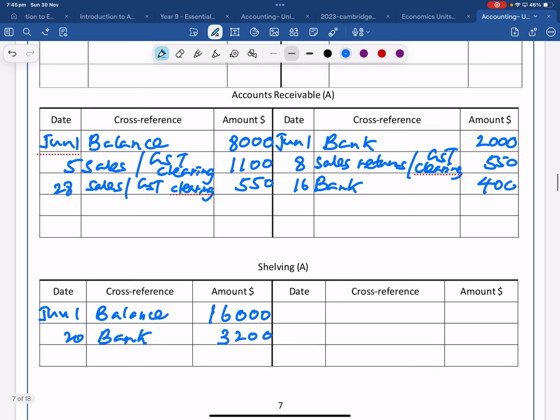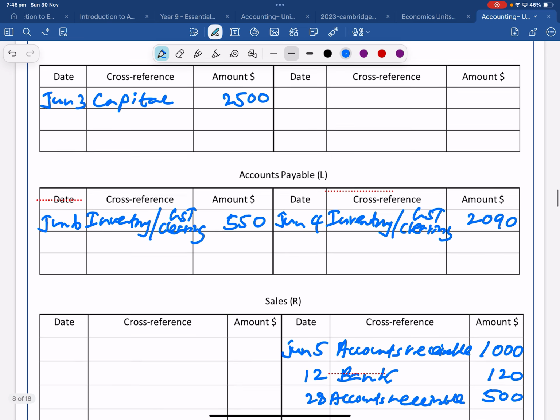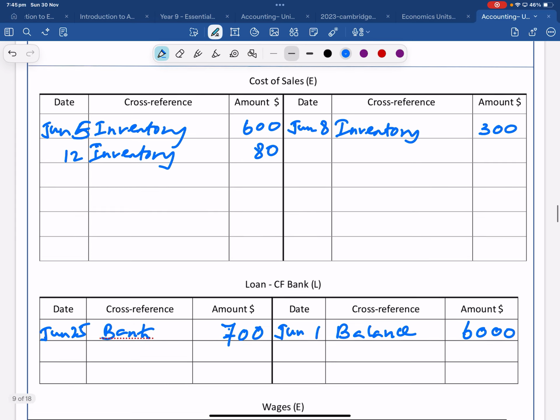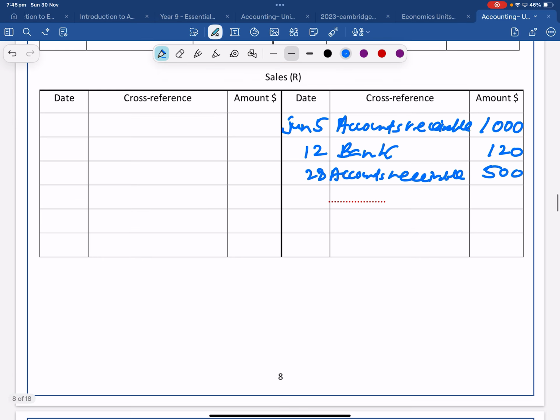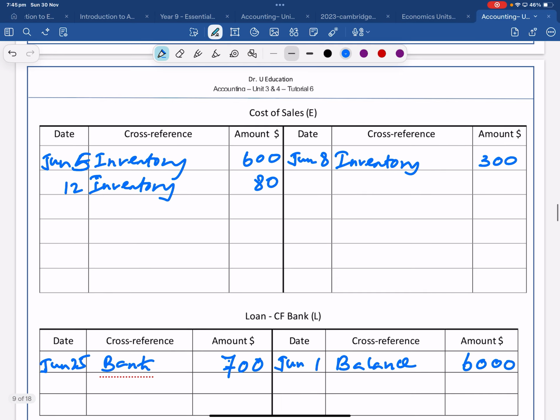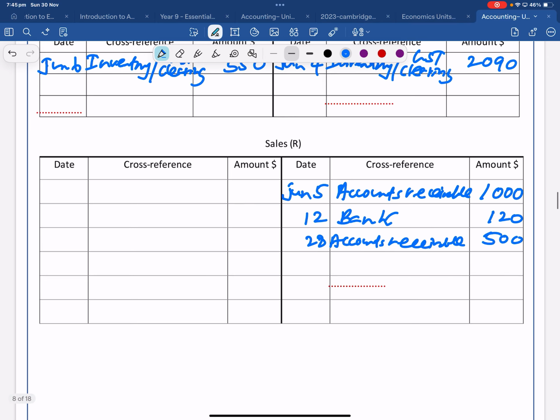Then cost of sales, guys, we debit 380. And then inventory, credit 380.